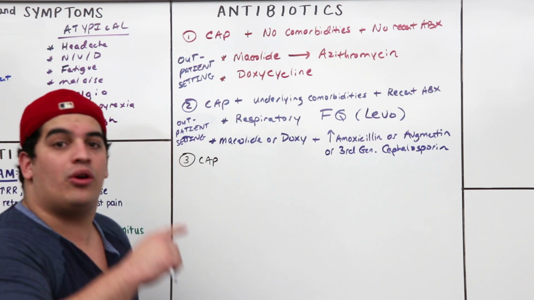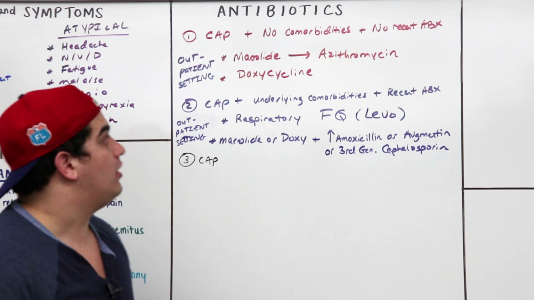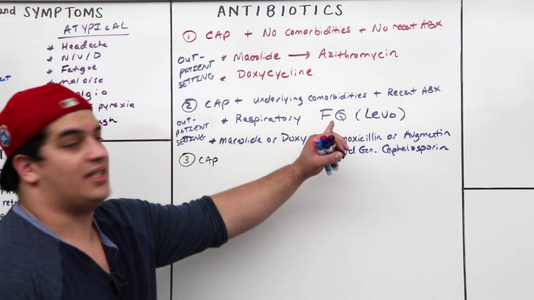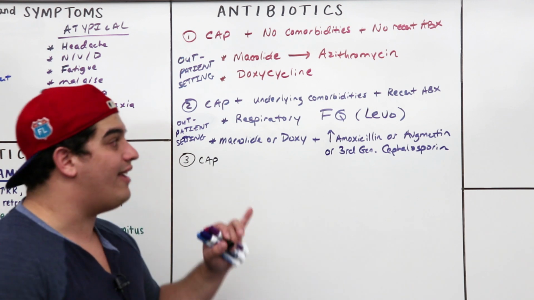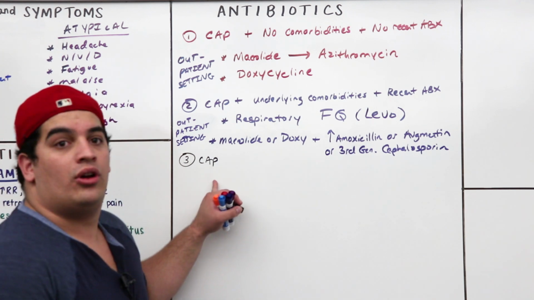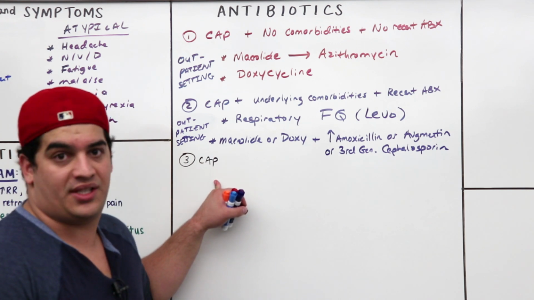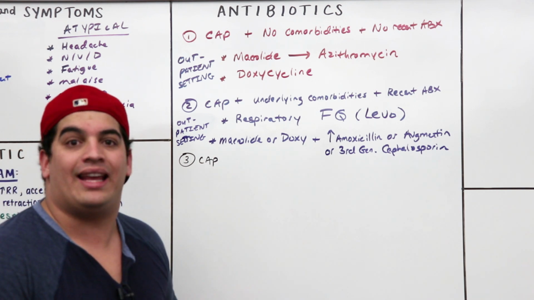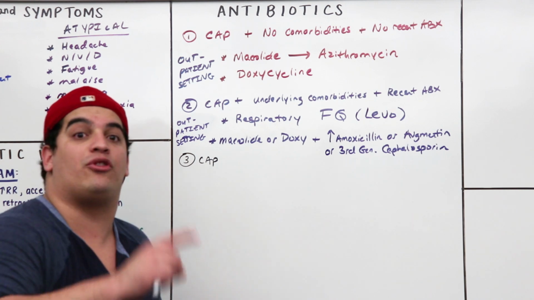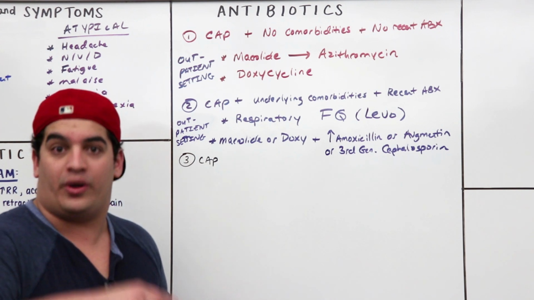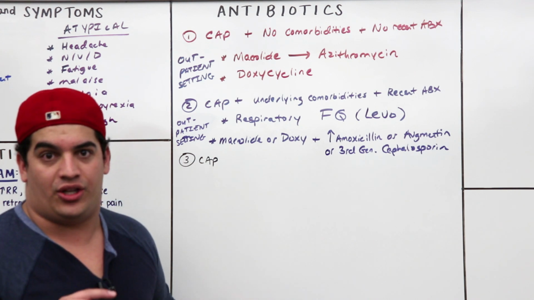If you have 0 to 1 of those factors, you can just give them the antibiotics and send them home. If they have maybe two of those signs, then you're going to want to admit them into the hospital for observation. If they have three or more, you admit them into the ICU, okay?